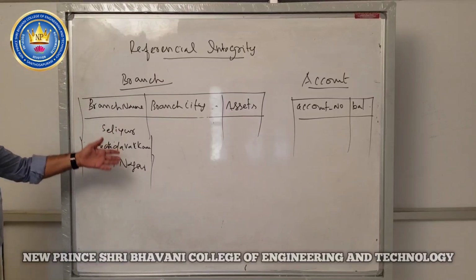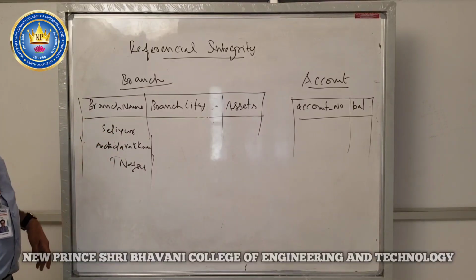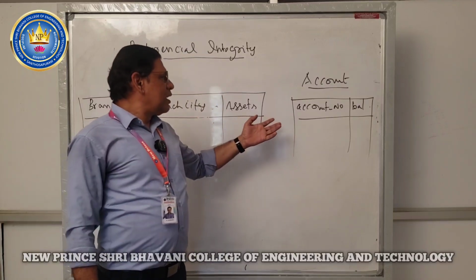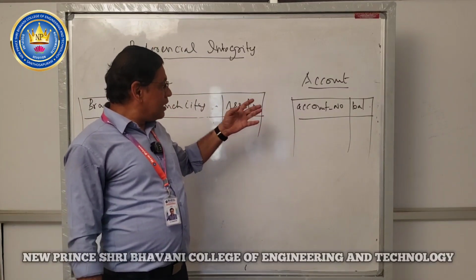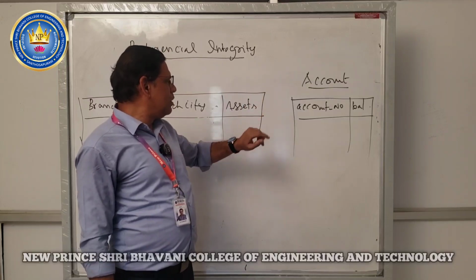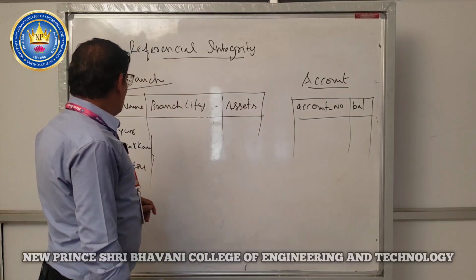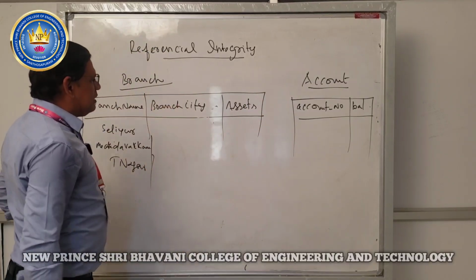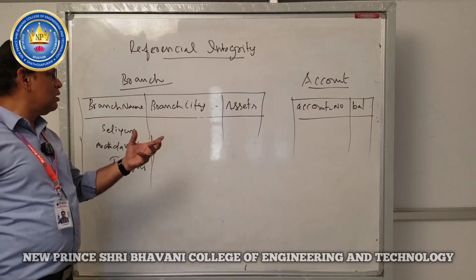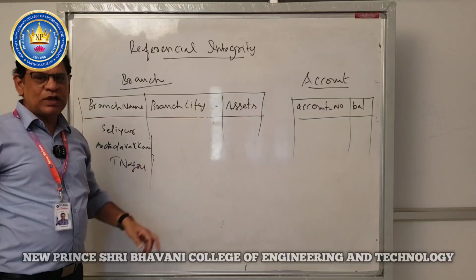Like this, it may have multiple locations. Likewise, a customer can have accounts in that particular bank. So if I want to have a relationship between the branch and the account, I need some common field so that I can establish it.